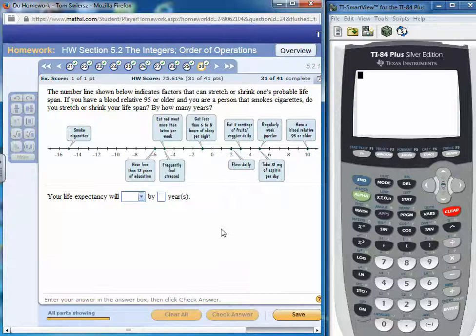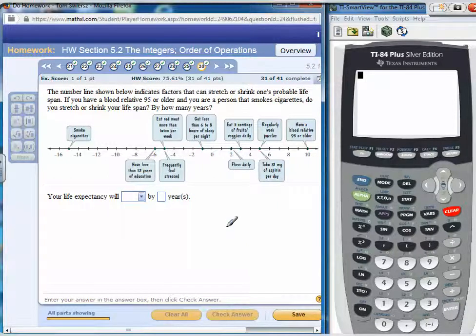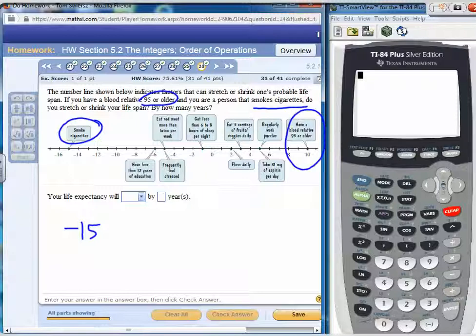All right, number 30. The number line indicates the factors that stretch or shrink one's probable life. If you have a blood relative 95 or older, and you are a person that smokes cigarettes, do you stretch or shrink? Okay, smoke cigarettes is a negative 15. 95 or older is a positive 10. So plus 10.